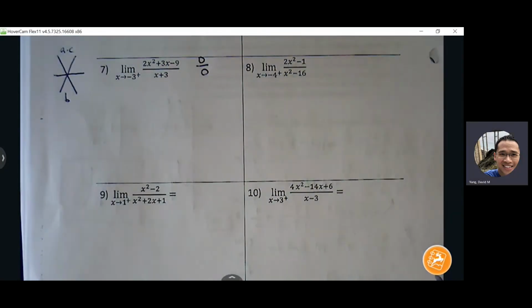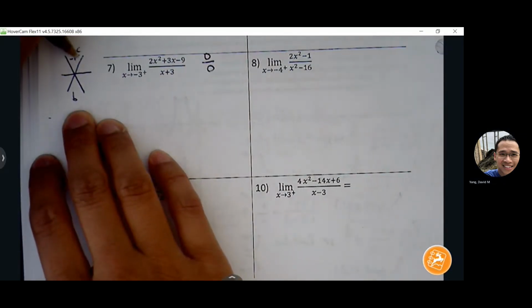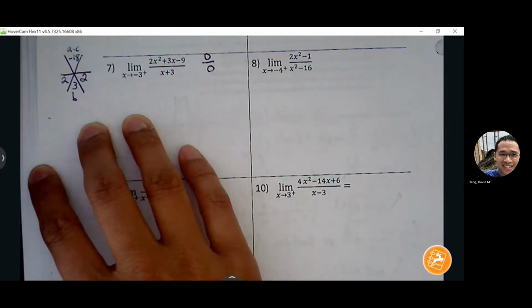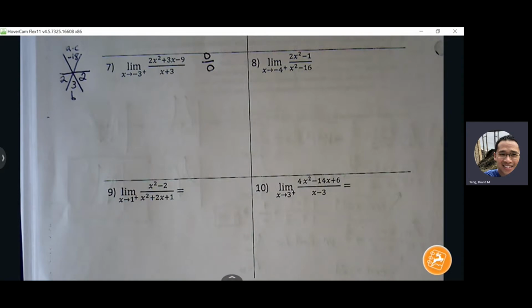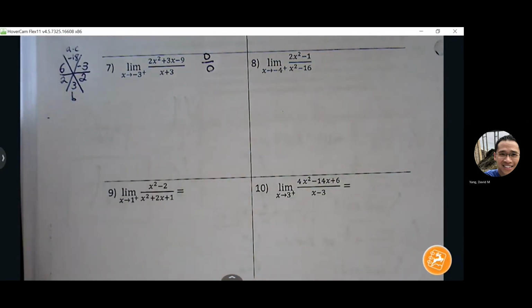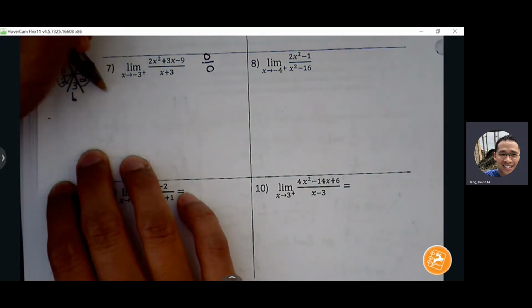So you guys get 0 over 0. Yes, there's a hole. We got to go through factoring, reduce, but no decimals, right? At all. Multiplies to be -18, adds up to be 3. Reduce, if possible. X plus 3.